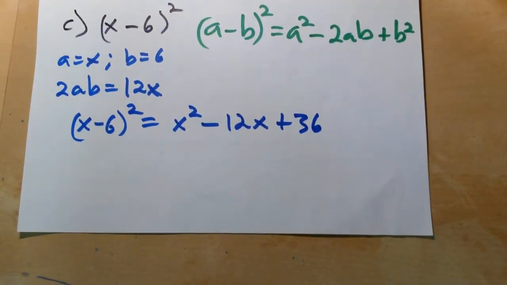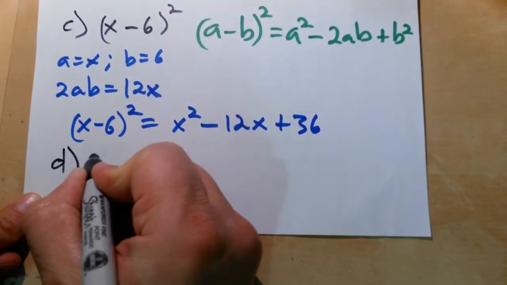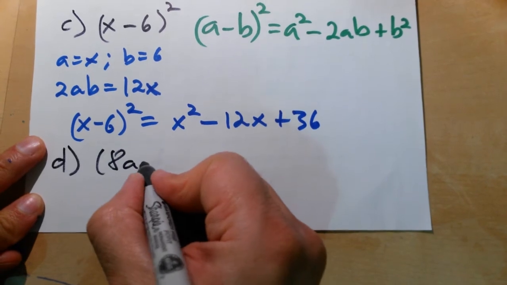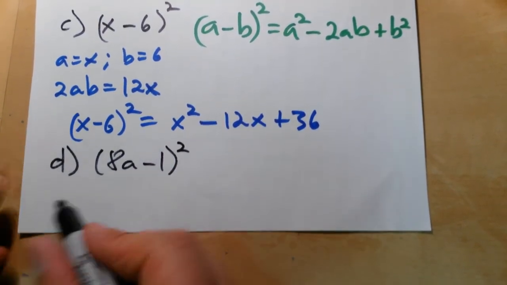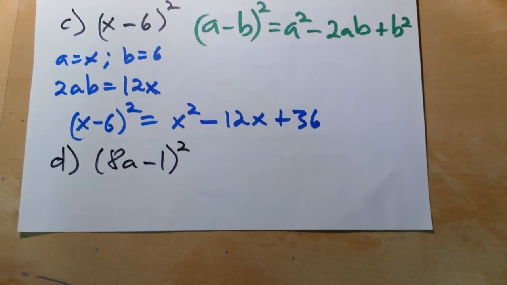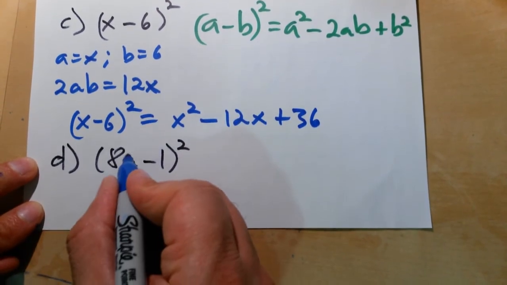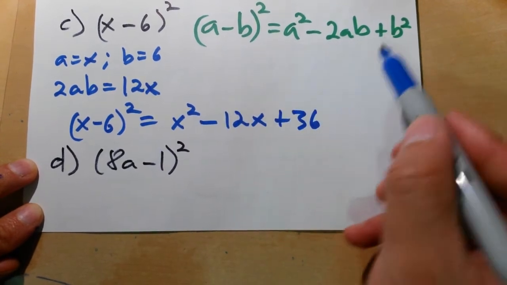Now, same thing as before, I want you to try this. Maybe pause the video for a few seconds, and then let's compare the answers. The answer is the following. This is our A value, this is our B value, and there's a minus in between. We can use this pattern to solve for that.